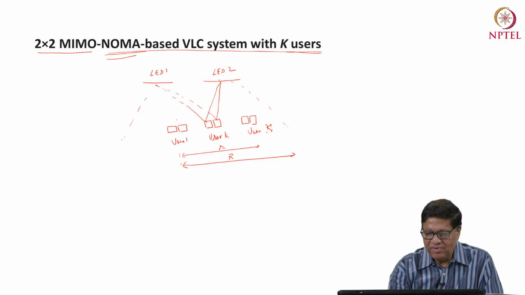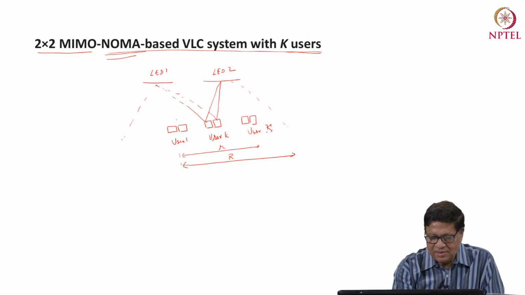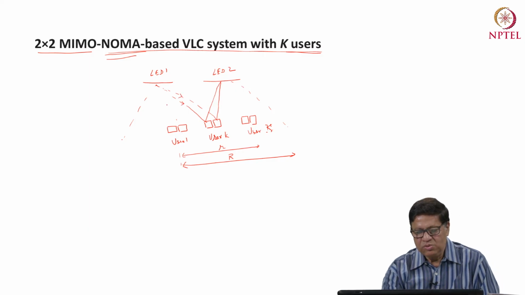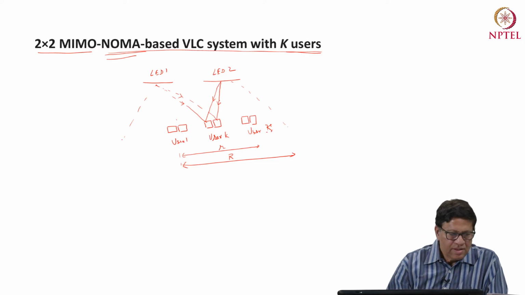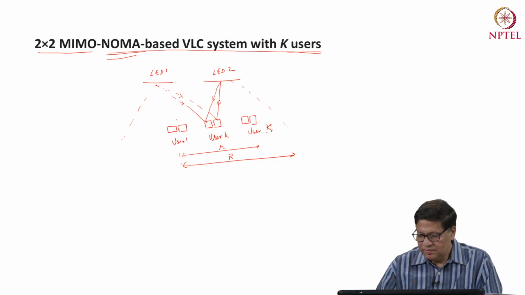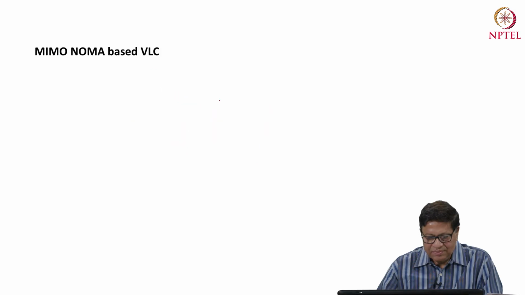So this is the light falling from LED 2 on the 2 detectors, and similarly this is the light falling from LED 1 to the 2 detectors. Now we'll try to analyze the performance for this 2x2 MIMO NOMA based VLC system with K users.